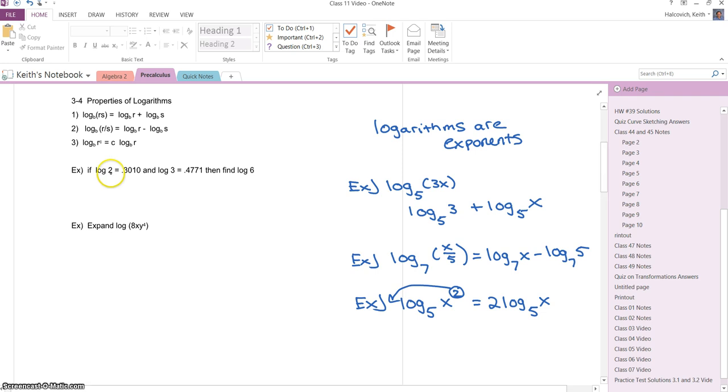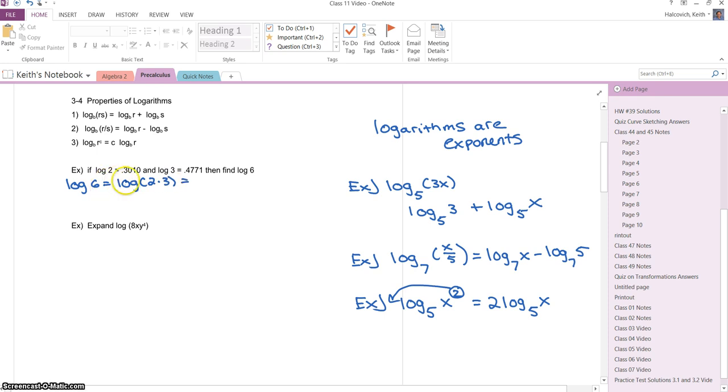So for example, if log 2 is equal to 0.3010 and log 3 is equal to 0.4771, then find log 6. Well, I don't know what log 6 is, but I know log 6 would be the same as log of 2 times 3.